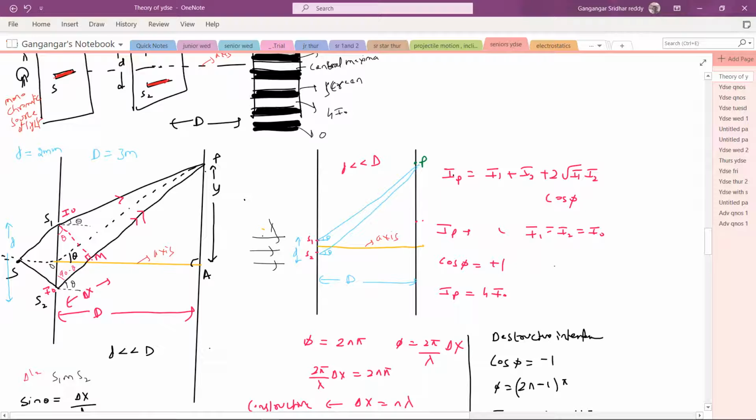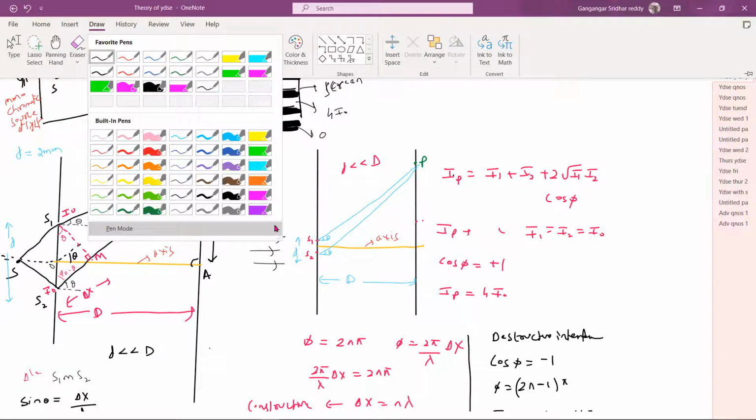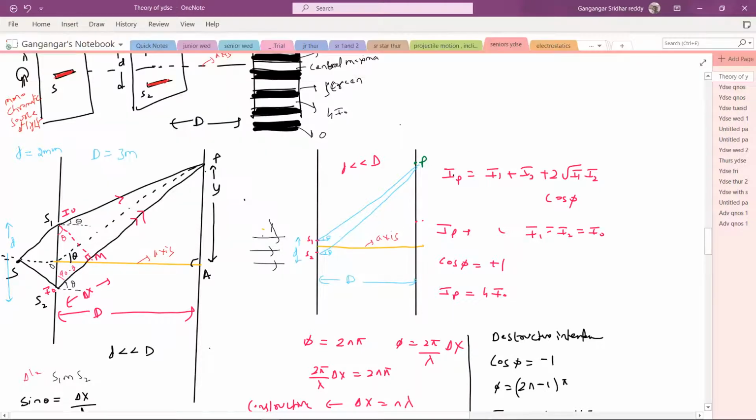IP is equal to I naught plus I naught plus 2 root I naught into I naught cos phi. So the resultant intensity IP will be I naught plus I naught plus 2 I naught cos phi.